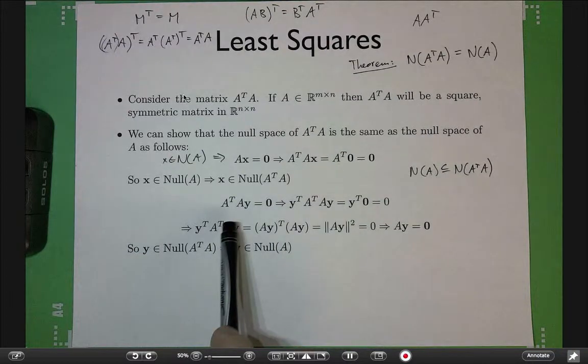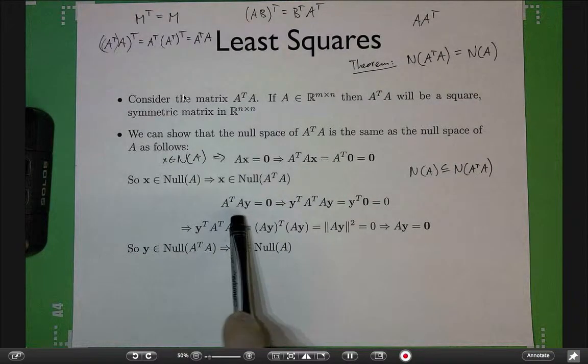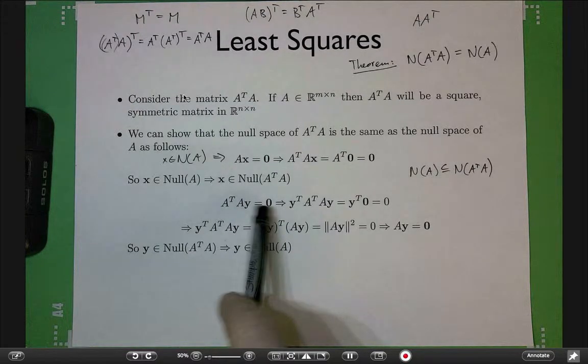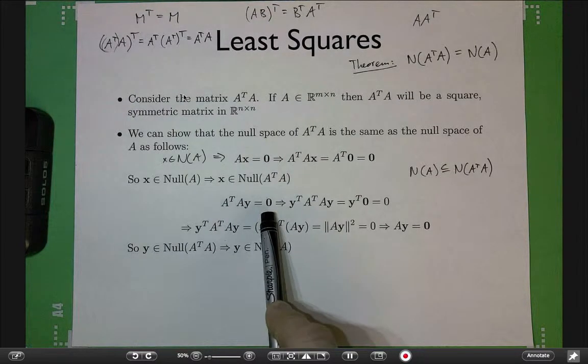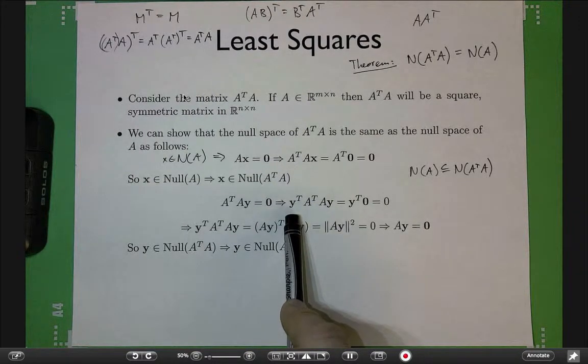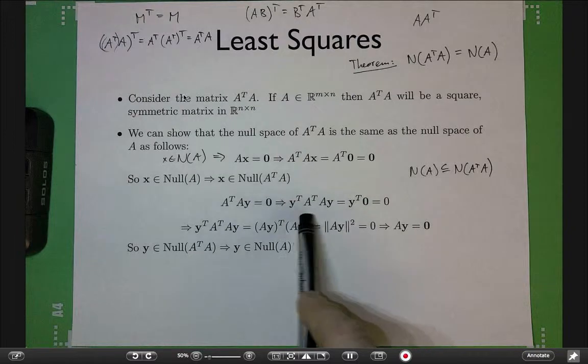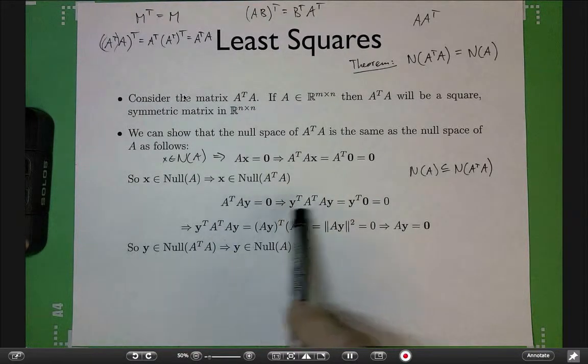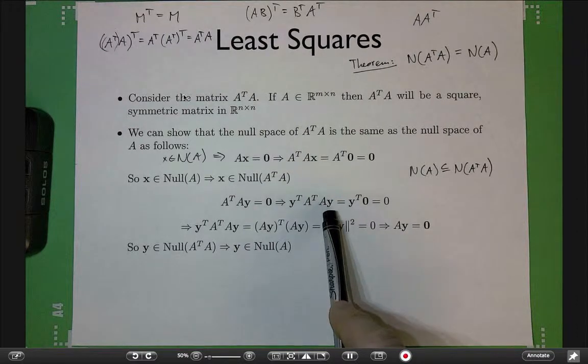If something is in the null space of AᵀA, I will call it y, that means that AᵀAy is 0, right? So let me now multiply it from the left with yᵀ. If this was 0, then clearly after multiplying with the transpose of y, it still has to be 0. So it means that yᵀAᵀAy is 0.